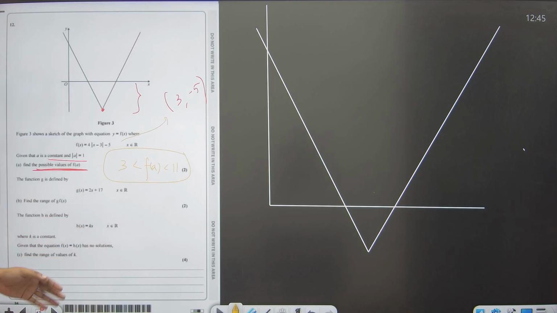Now in the next part, they have told that function g is defined by g(x) equals 2x plus 17.